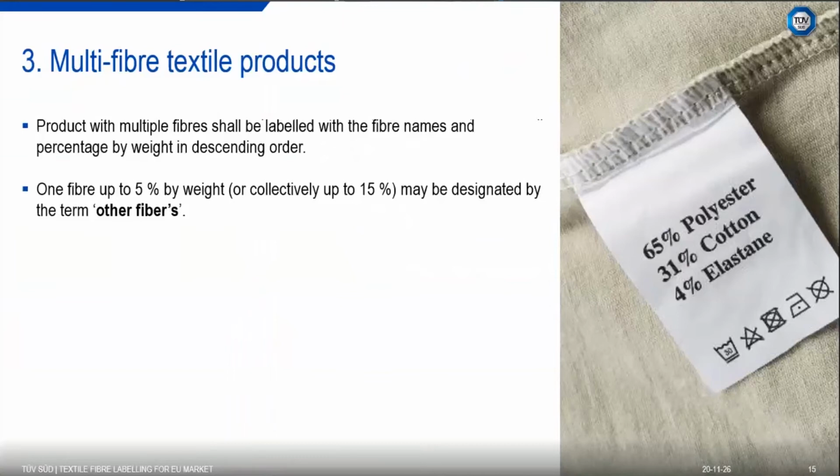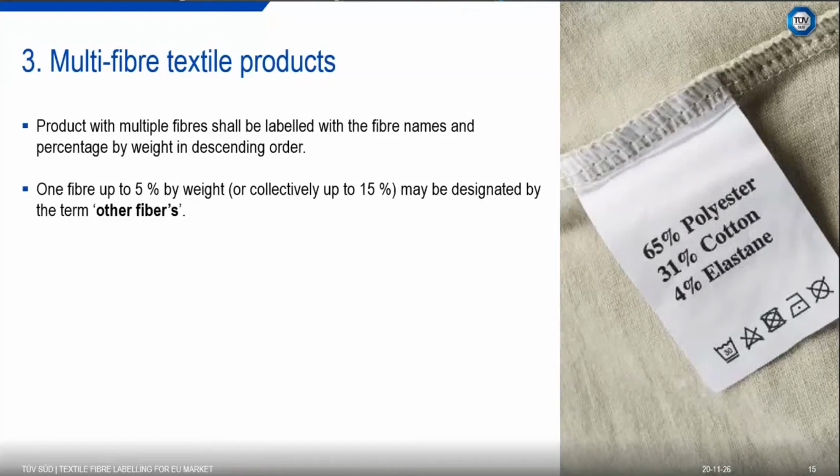In the case of a multiple fiber product, that means when a product is made up of more than one fiber, which is also known as a blended fabric, each constituent fiber has to be labeled in descending order of their percentage.